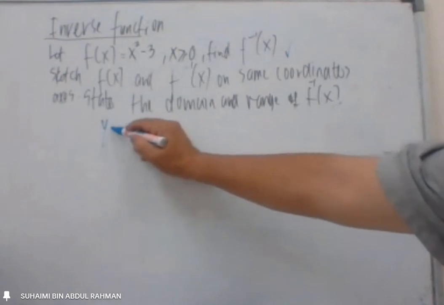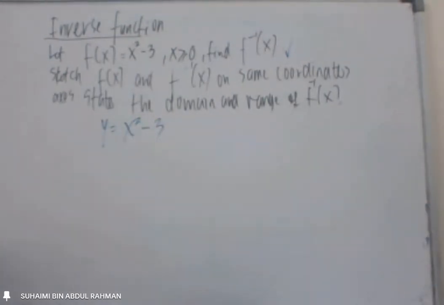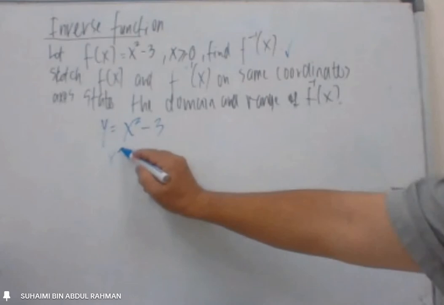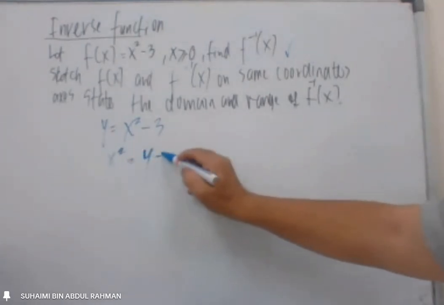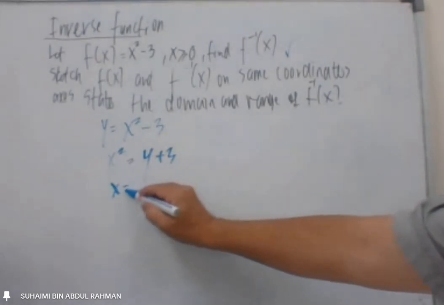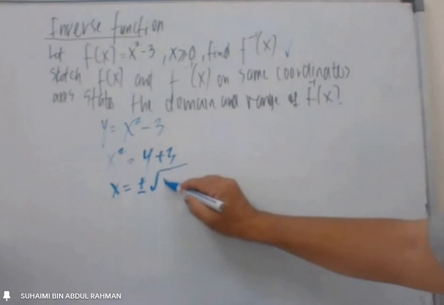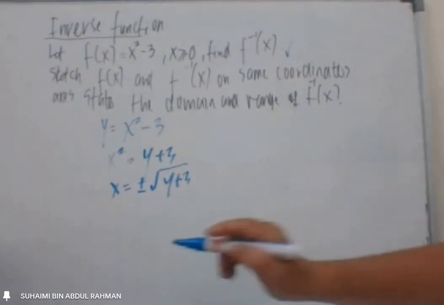So let y equal x squared minus 3. x squared equals y plus 3, so x is plus or minus the square root of y plus 3.